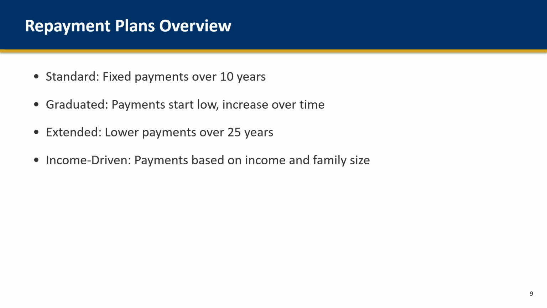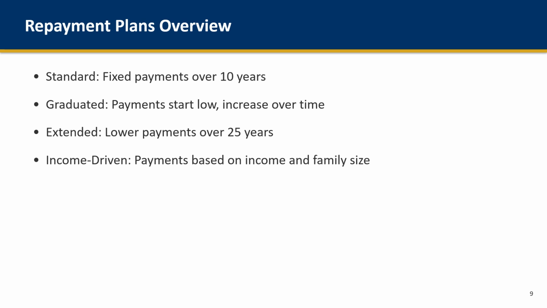Extended repayment spreads payments over up to 25 years if you owe more than $30,000. Monthly payments are lower, but you pay significantly more interest over time. Income-driven repayment plans base your monthly payment on your income and family size, typically capping payments at 10 to 20% of discretionary income.